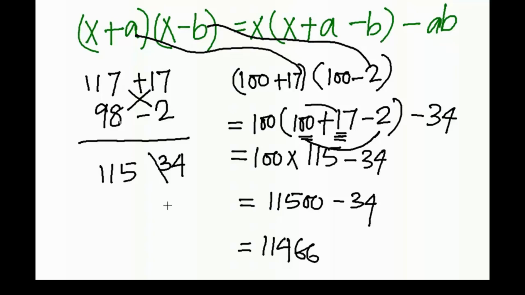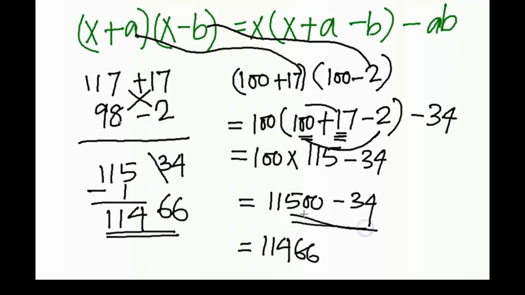So after getting 11,534, if you remember the normal method, what we do is we take how much less 34 is than 100. That means we say that 34 is 66 less than 100, and we reduce 1 from this side, which gives me 114, and we get the answer as 11,466. So why do we do this 34 transpose to find out 66 and reduce by 1?